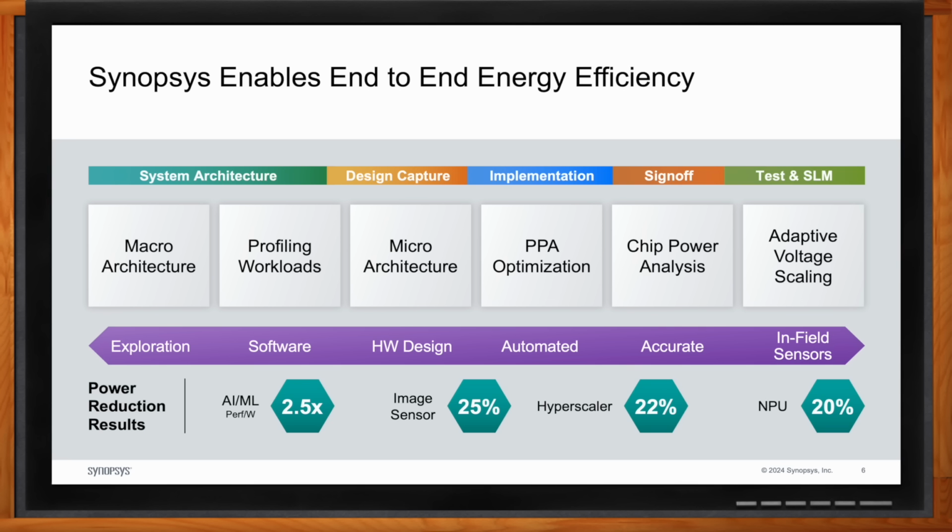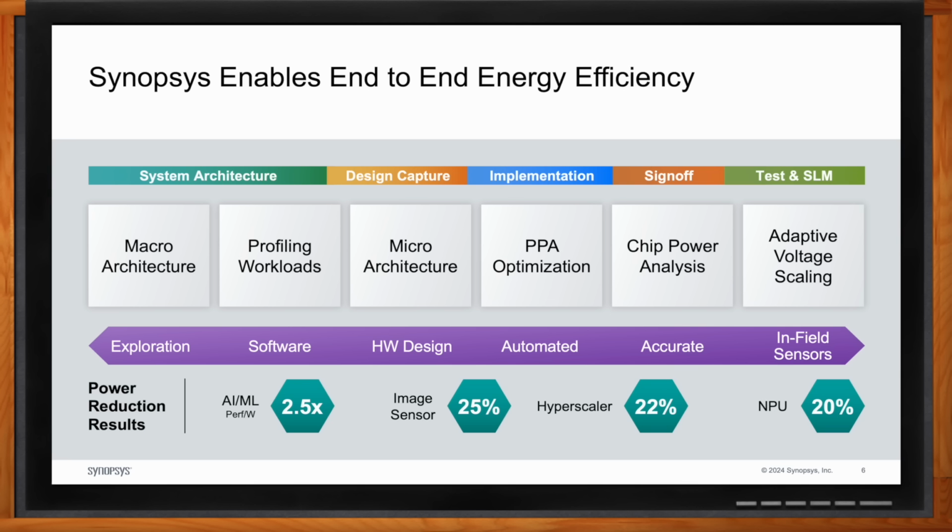But then you also get into other areas where more of the automated optimization comes in, tool guided and automatic optimization at the RTL design stage during the synthesis and implementation flows. And you see here that different types of designs, so image sensors, NPU type designs, are getting 20+% power savings as well. But this kind of gives you an idea of what is achievable within the Synopsys energy efficiency solution.